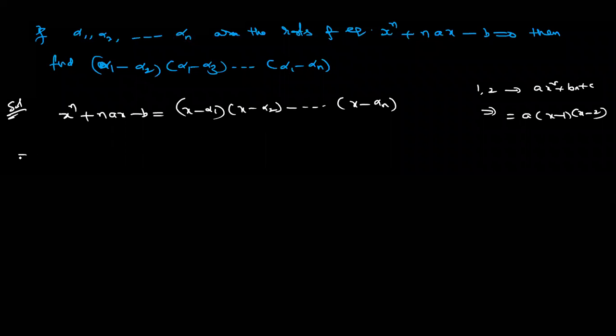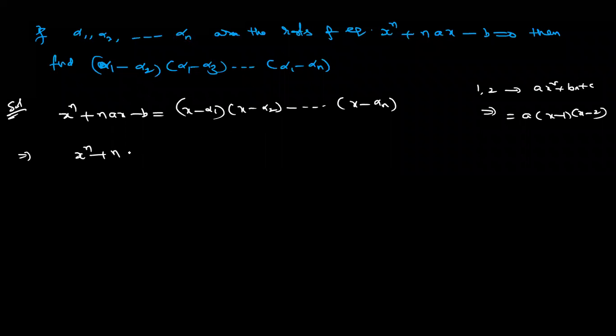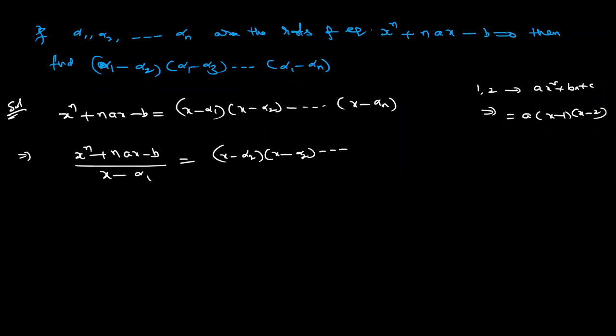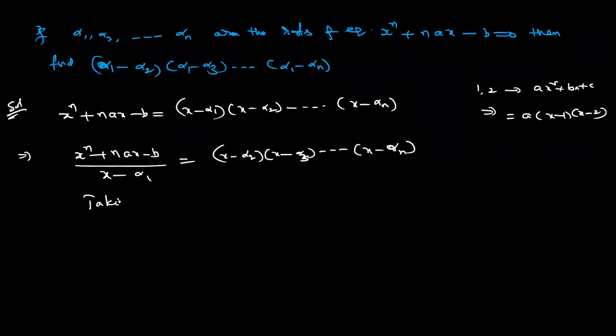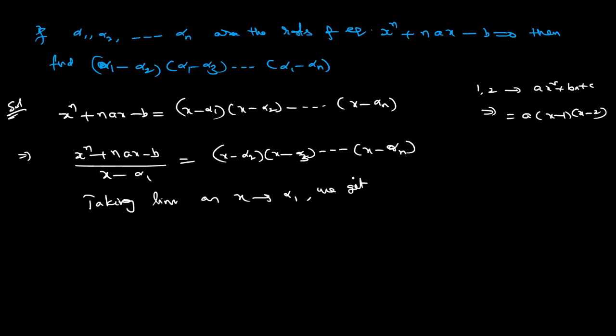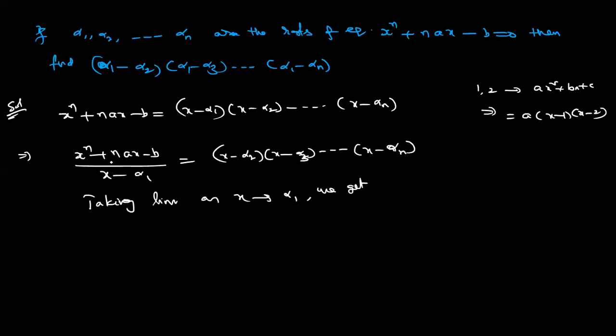Okay, divide both sides with (x minus alpha 1). What is the remaining? (x minus alpha 2)(x minus alpha 3) and so on, (x minus alpha n). Now taking limits as x tends to alpha 1, we get, see, what is the result?